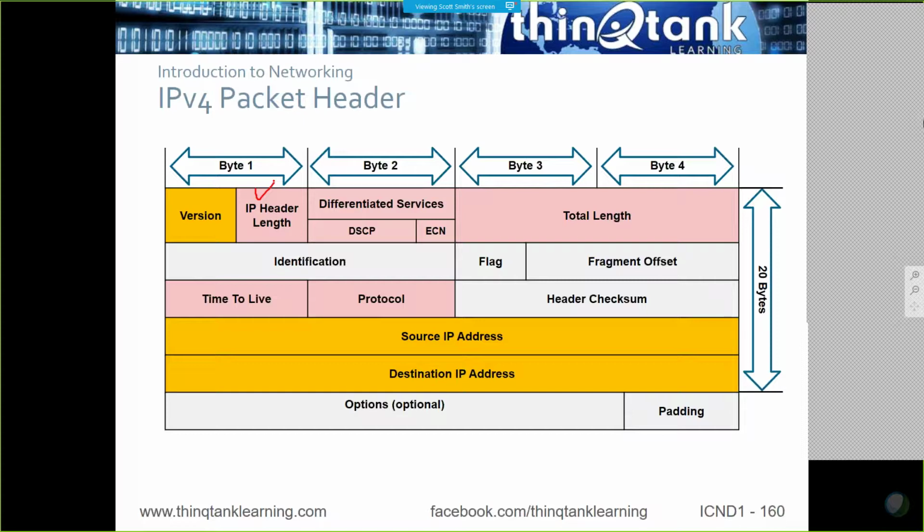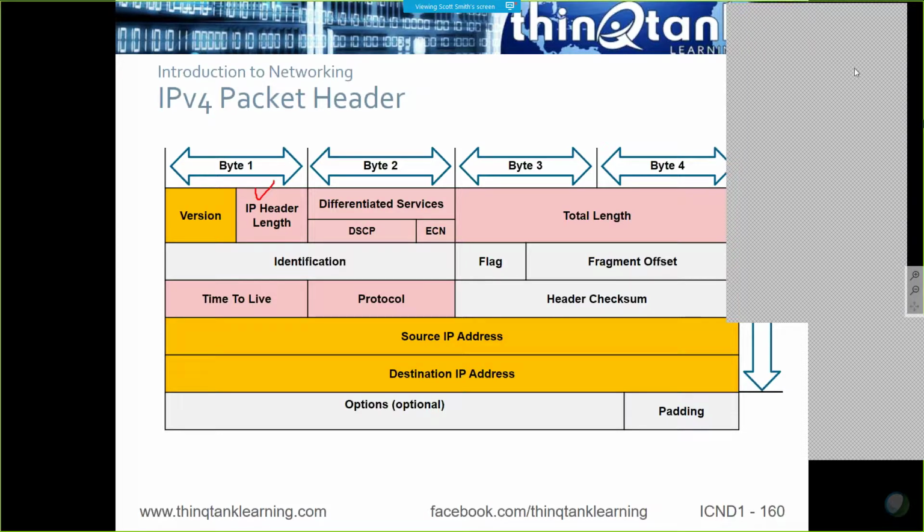We do have some options and some padding bits that we can set. By setting options and padding bits, we can go beyond 20 bytes, which means that the header length field will indicate that the header is a non-standard IPv4 header. So that's all that field is used to represent: whether a header is the standard 20 bytes or goes beyond the standard 20 byte length. All right.